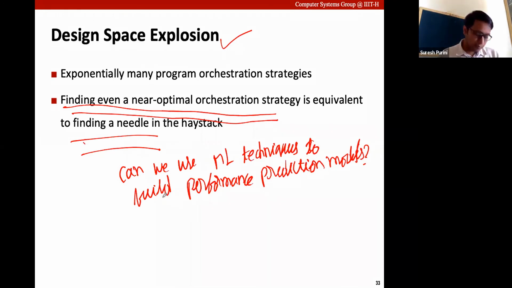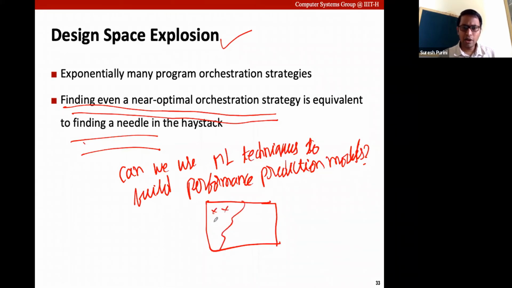the programmer. They can help us in checking out, for example, if this is the space of orchestration strategies, using the machine learning model we can say these are not good orchestration strategies, these are moderately good, and these are really good program mapping strategies.